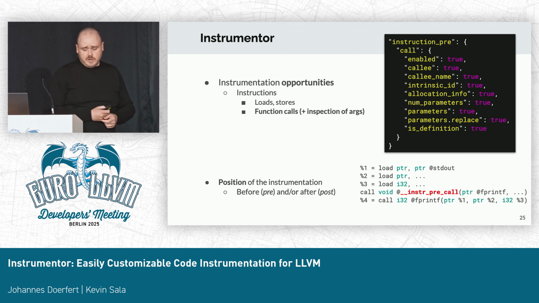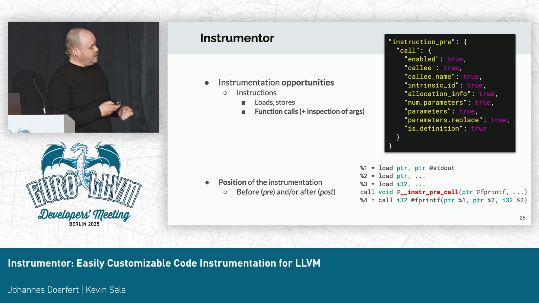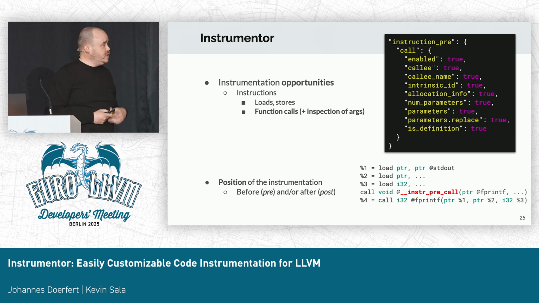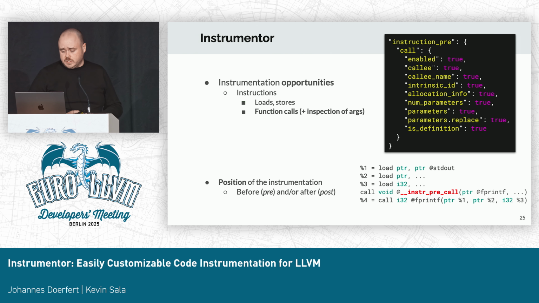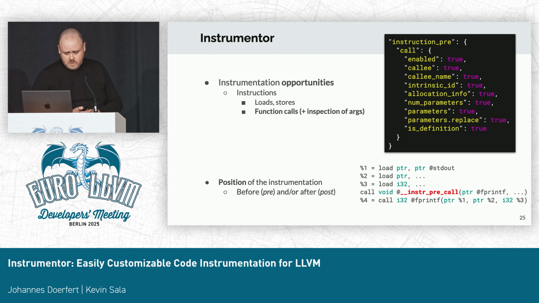And you can specify several pieces of information about that call, for instance, the callee address, the callee name, the intrinsic ID if it's actually an intrinsic, the number of parameters of the fprintf, and the pointer to the parameters. So with that, you can actually access the parameters of the fprintf just before it is called, and you can inspect them.